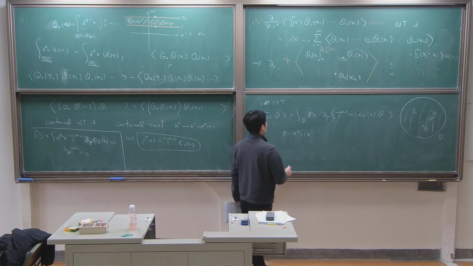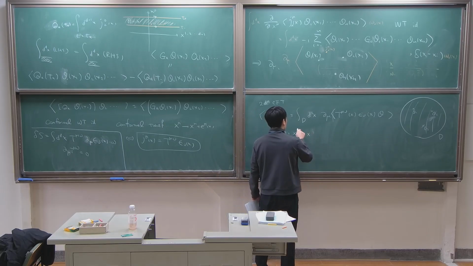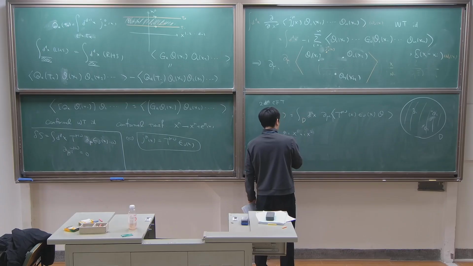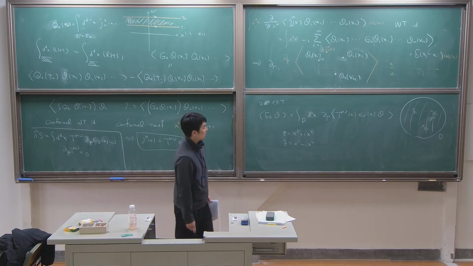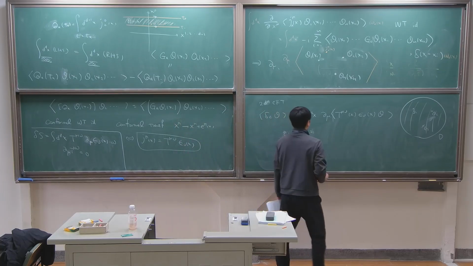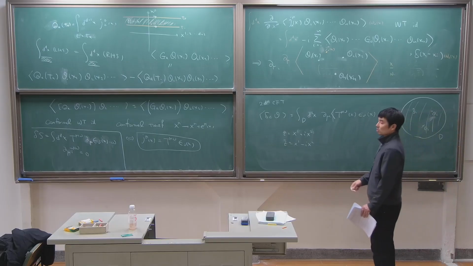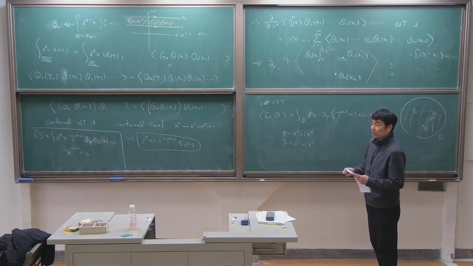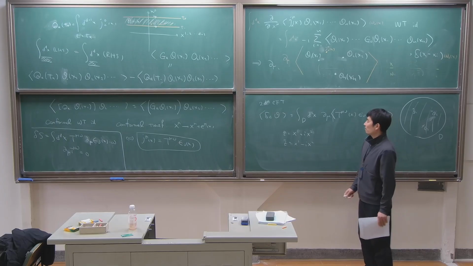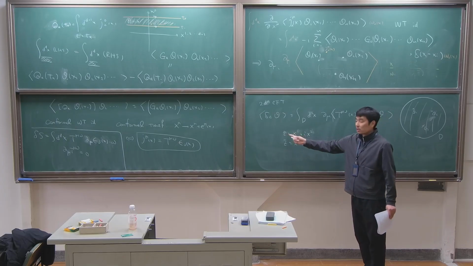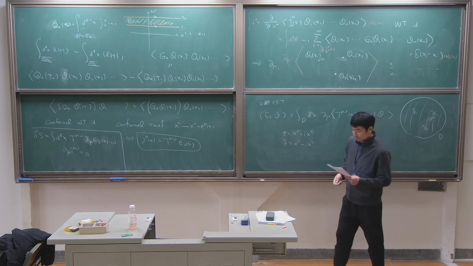If it is Euclidean, x1 plus like this. So we define it this way. From now on we just consider the Euclidean case, and then define the holomorphic coordinate and the anti-holomorphic coordinate like this.